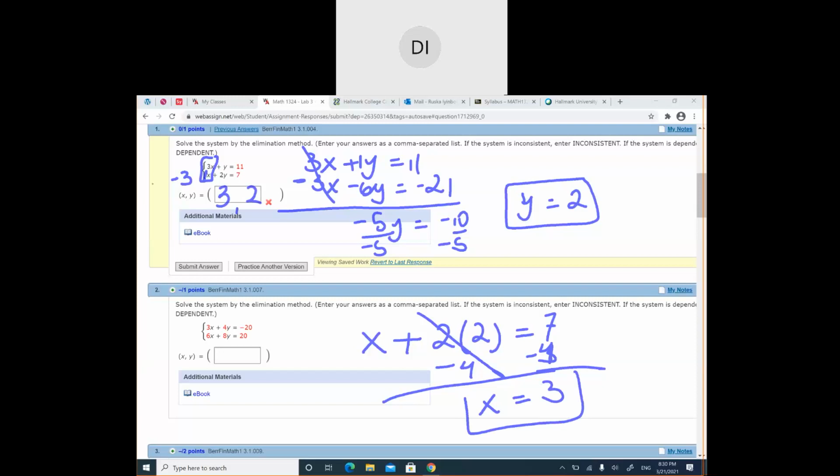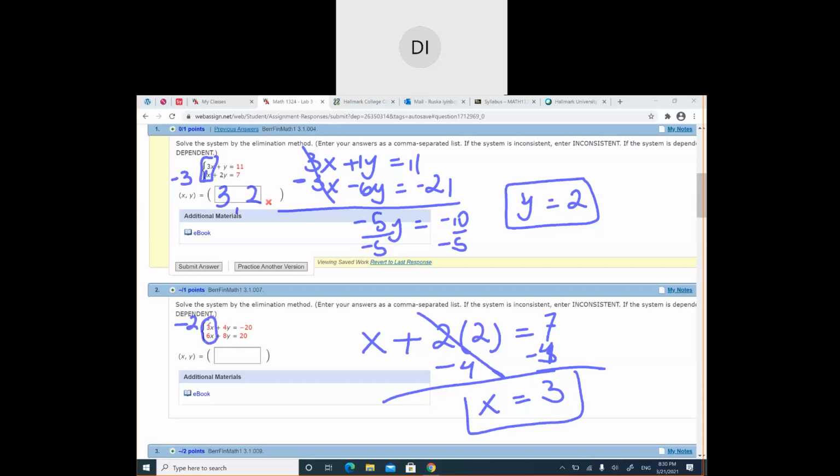So that's a review from algebra, solving a system of linear equations. The same way we're going to do the second one. We have 6 and 3. If you want to cancel x, you're going to multiply the first one by -2, and it's going to cancel the x.